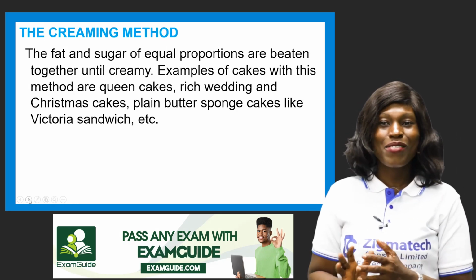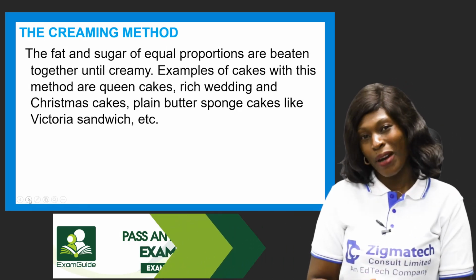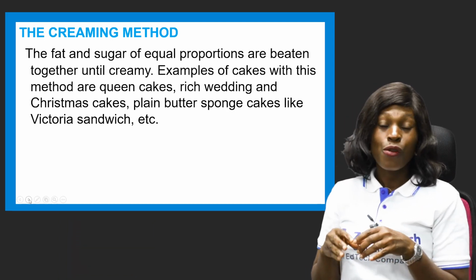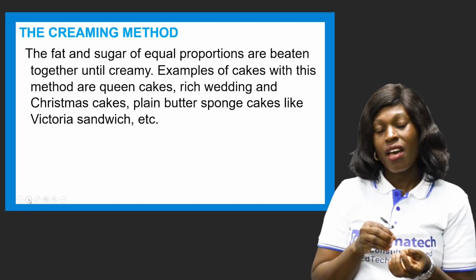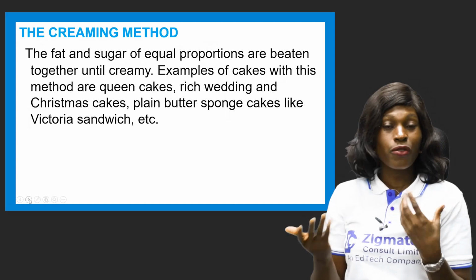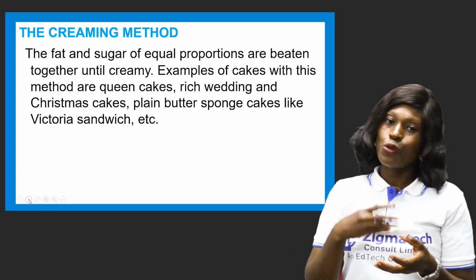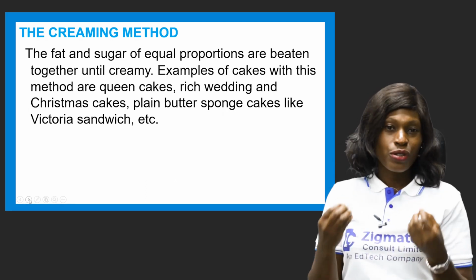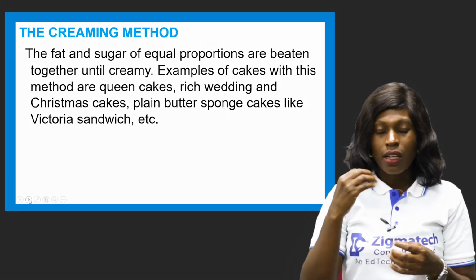Now, the other one we have is the creaming method. This one is very common. Here, the fat and sugar are of equal proportion and they are creamed together until they are what? Creamy. This is very common when you make your cakes. You cream either using a spatula or your cake mixer until it comes together.